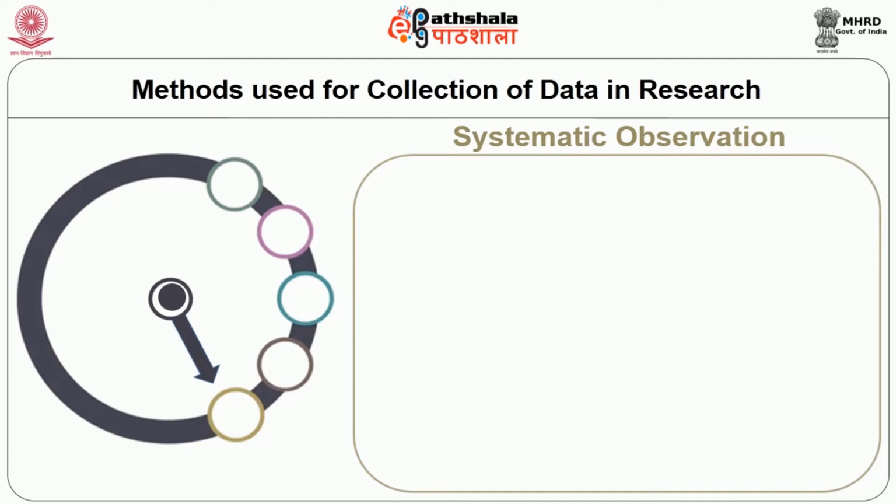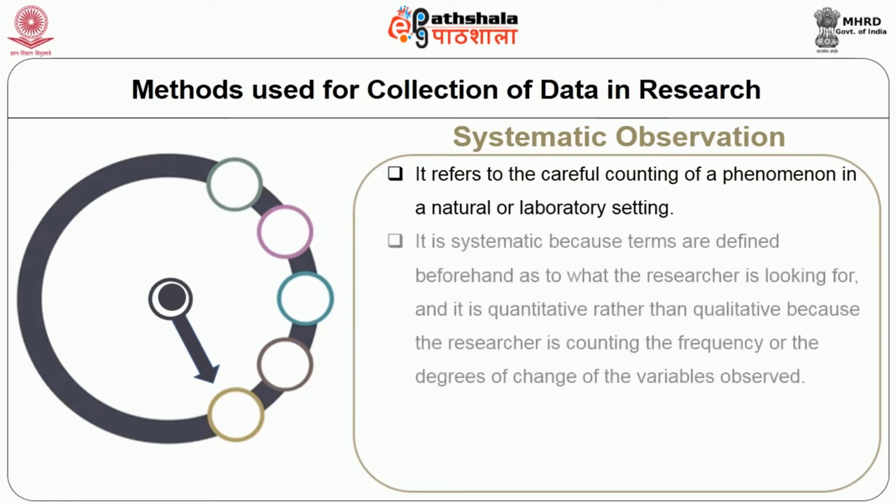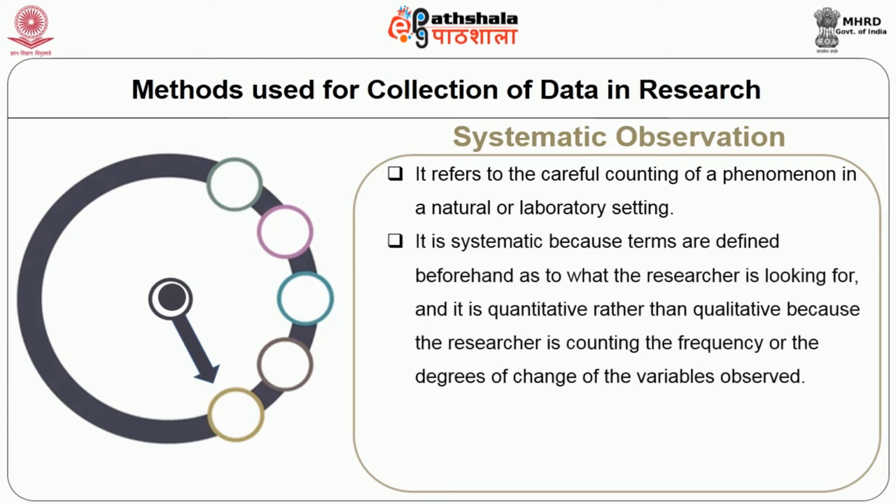Systematic observation. This is yet another method for data collection, and it refers to the careful counting of a phenomenon in a natural or laboratory setting. It is systematic because terms are defined beforehand as to what the researcher is looking for, and it is quantitative rather than qualitative because the researcher is counting the frequency or the degree of change of the variables observed.